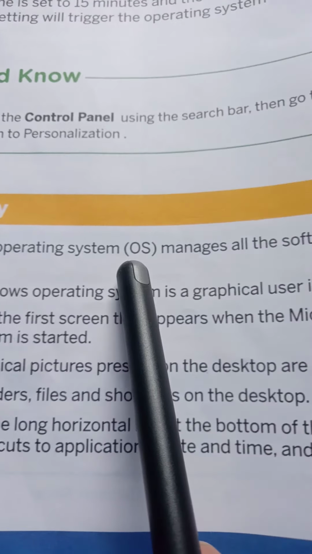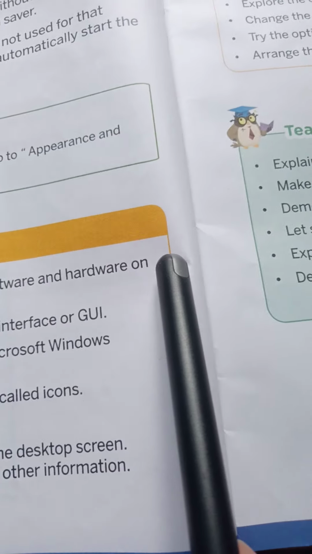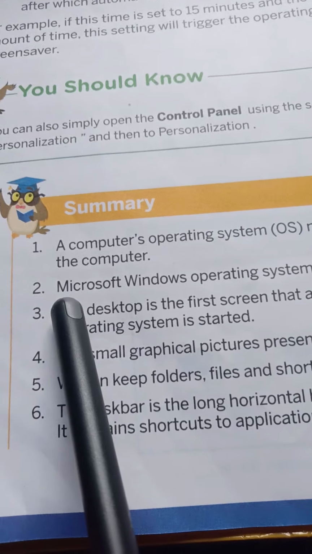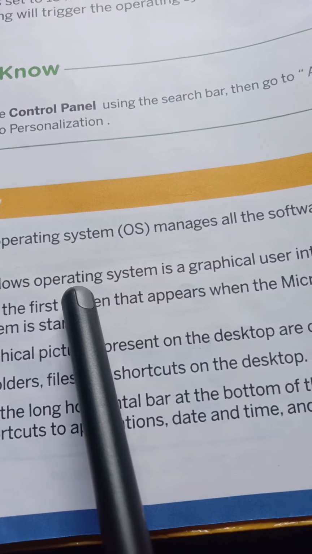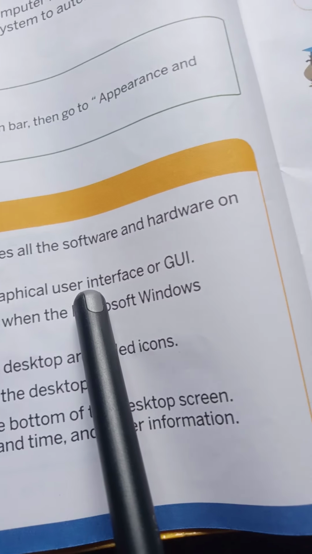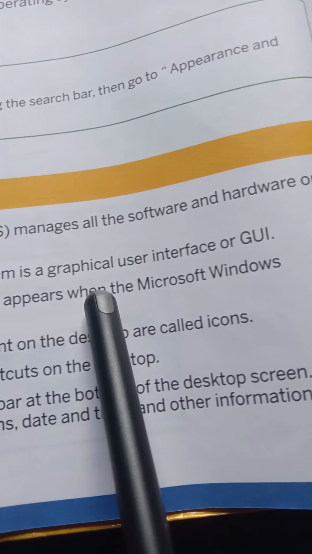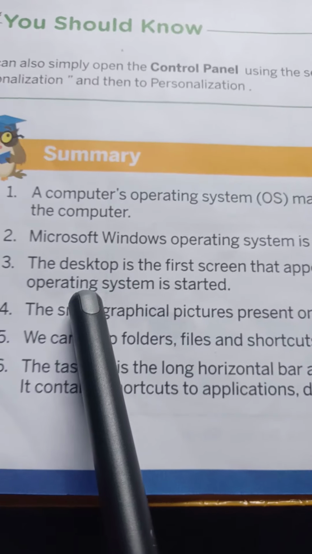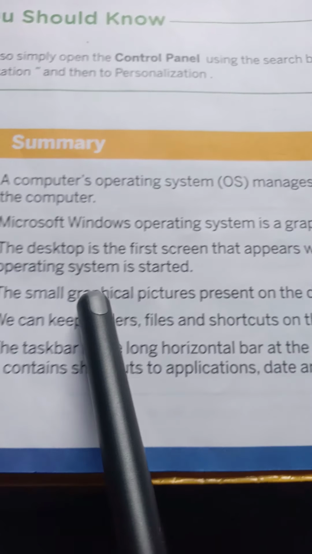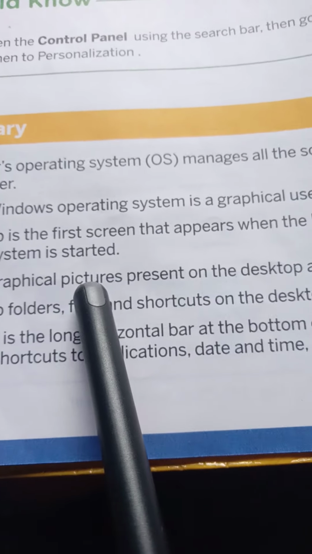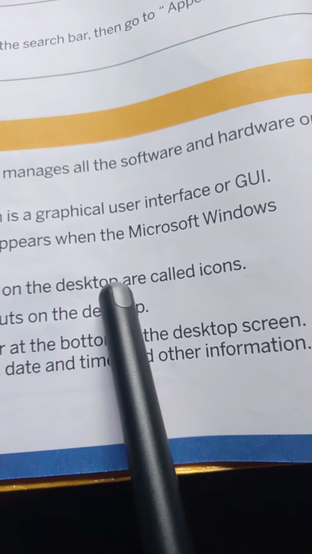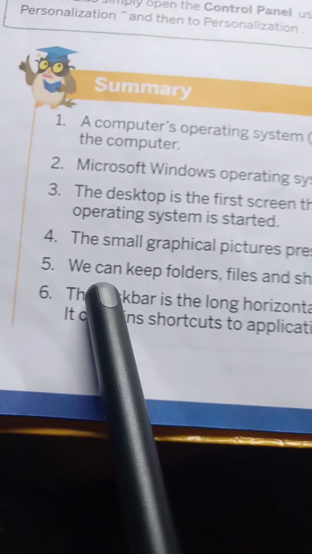A computer operating system manages all the software and hardware on the computer. Microsoft Windows operating system is a graphical user interface, or GUI. The desktop is the first screen that appears when the Microsoft Windows operating system is started. The small graphical pictures present on the desktop are called icons.